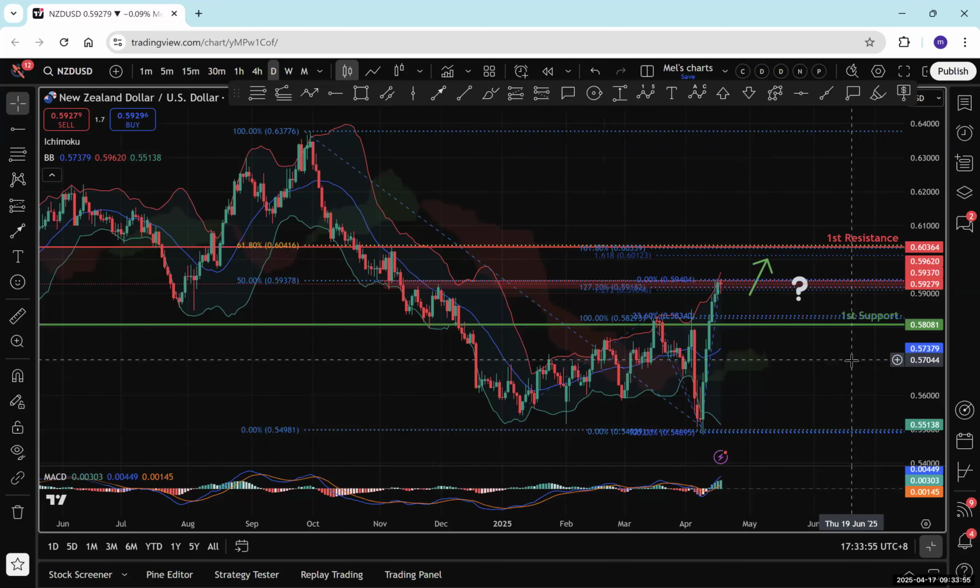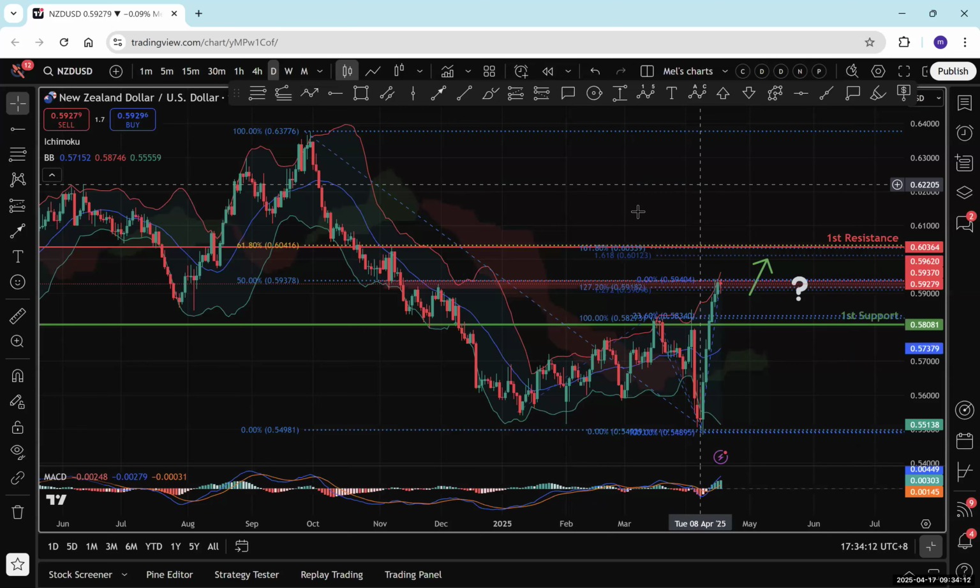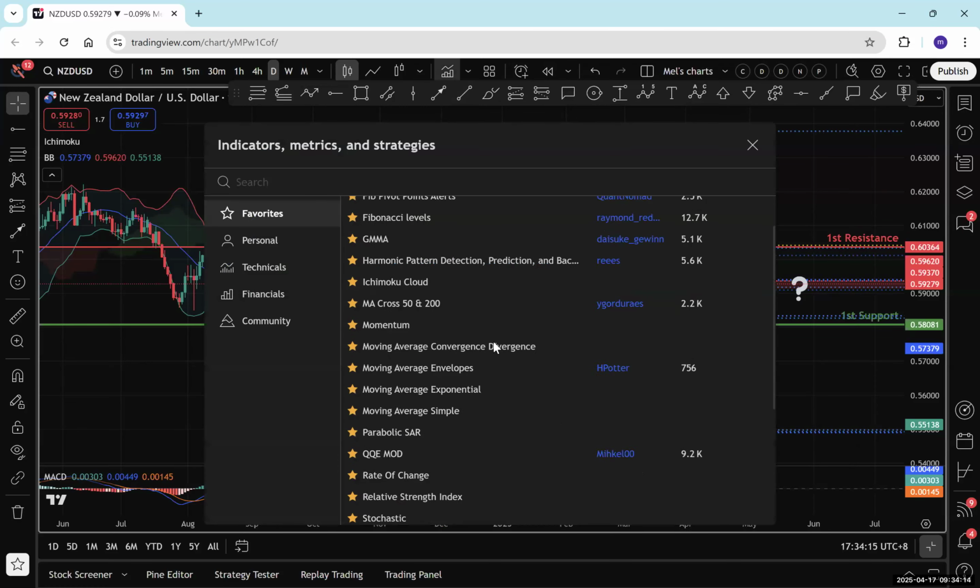Prices are pushing above that upper band on our Bollinger Bands, so that's also a bullish signal. Okay, so both support our analysis.